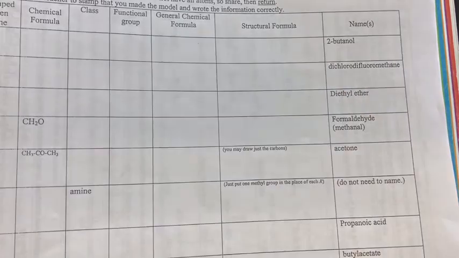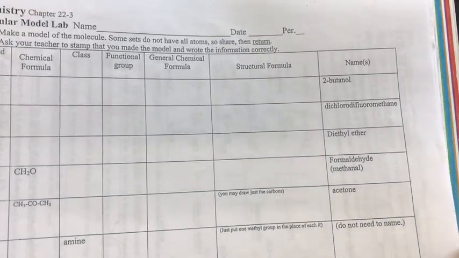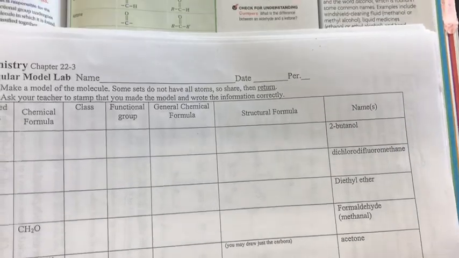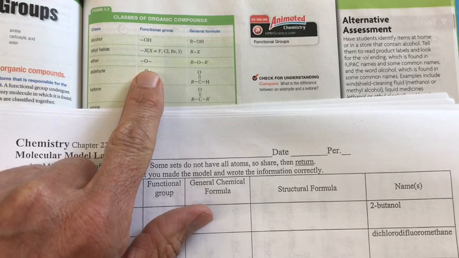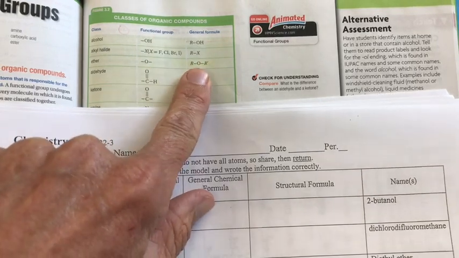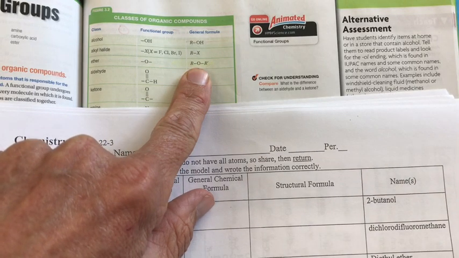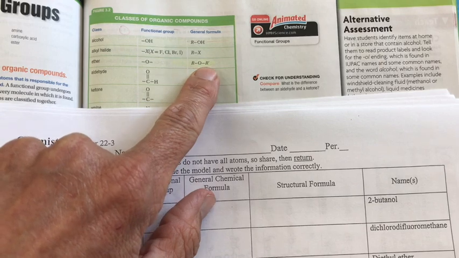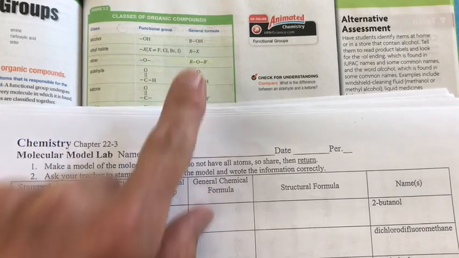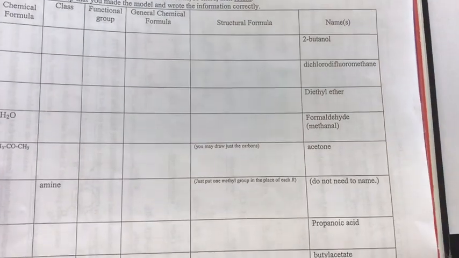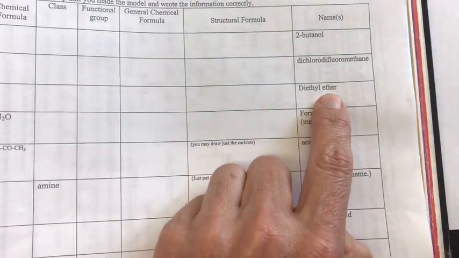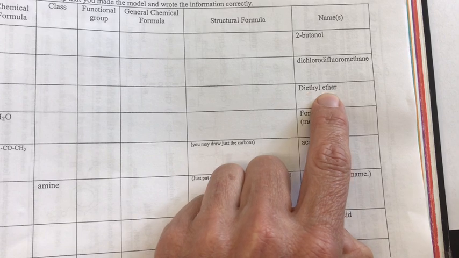Okay, our next one is diethyl ether. So what's an ether? An ether is a molecule that has 2 carbon groups with an oxygen that separates them. It says diethyl ether, so ether means that's the oxygen that bonds 2 pieces together.